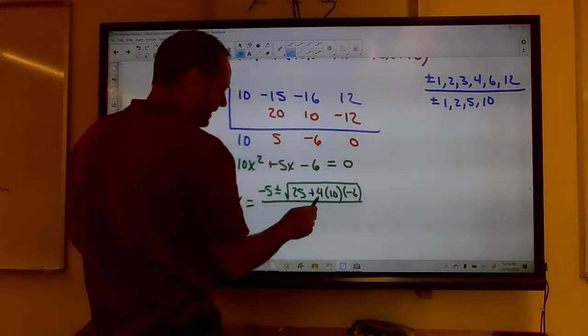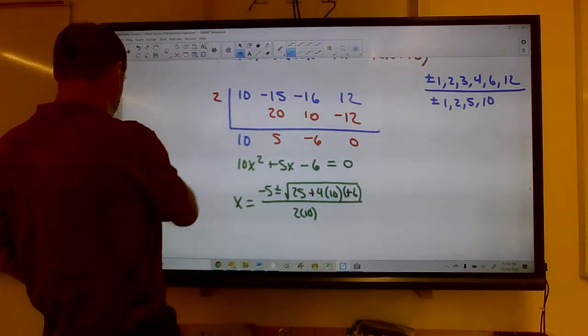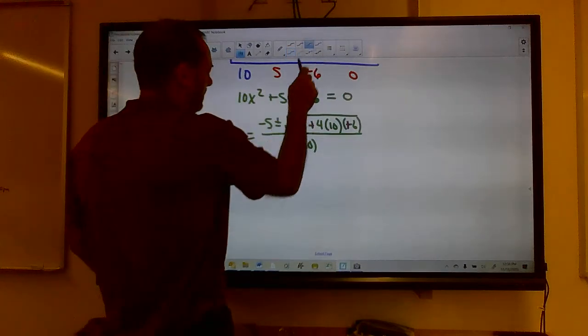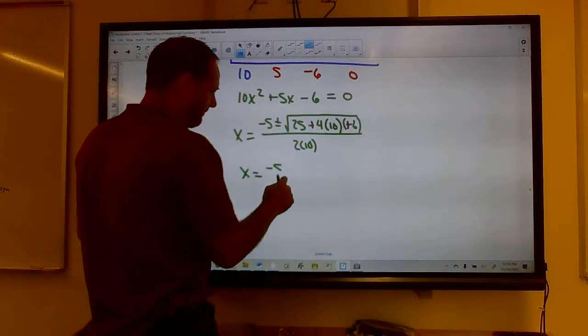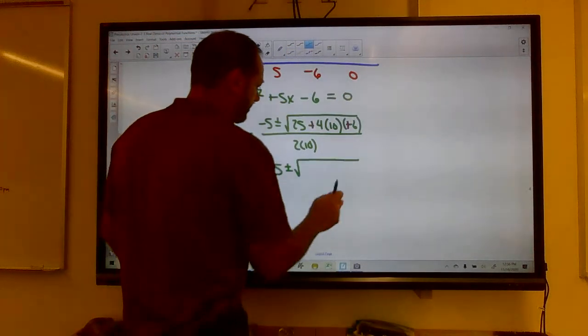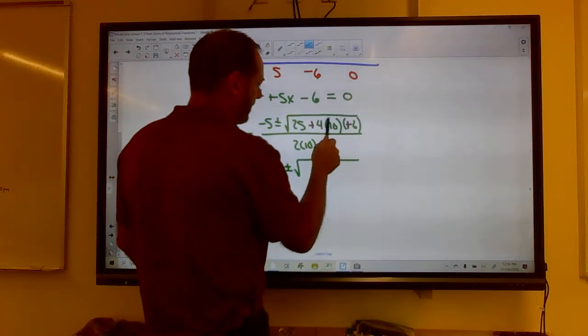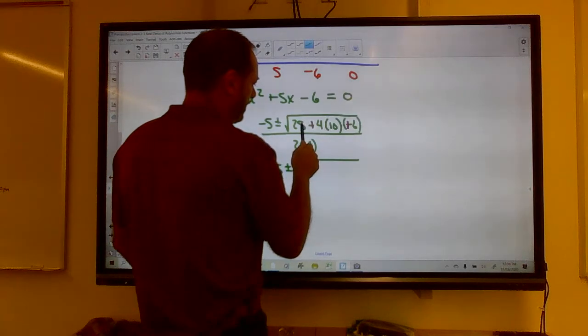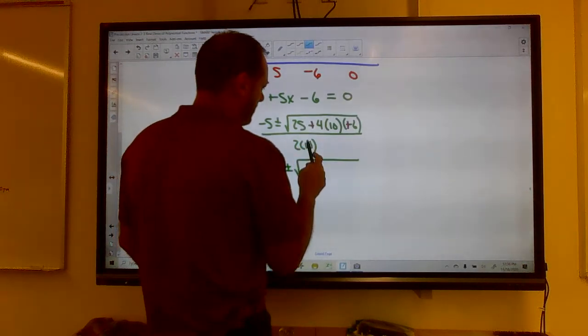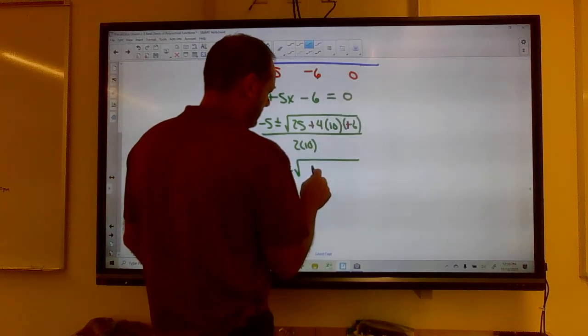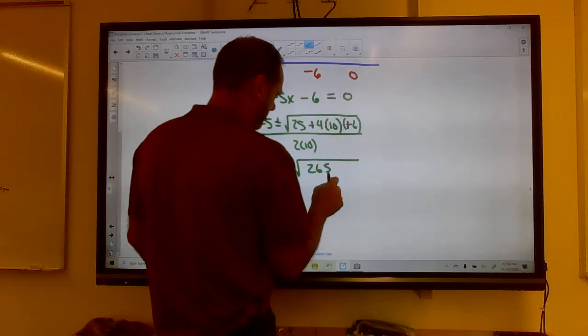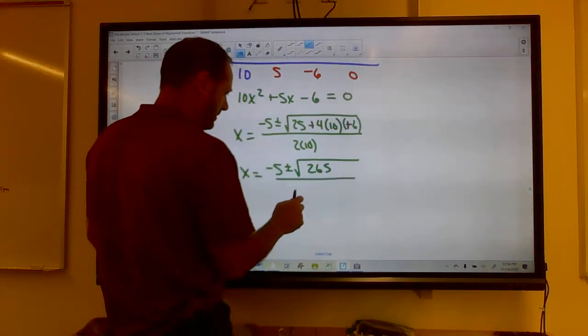All right, so these two negatives cancel out, and I get negative 5 plus or minus the square root. All right, this is 240 right here, 265. Wow, that's hideous. Over 20.